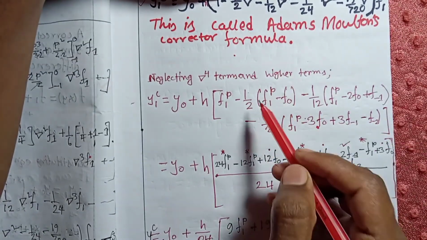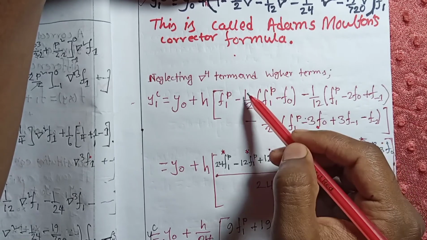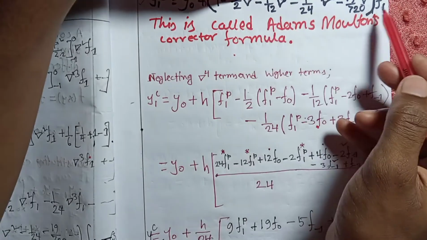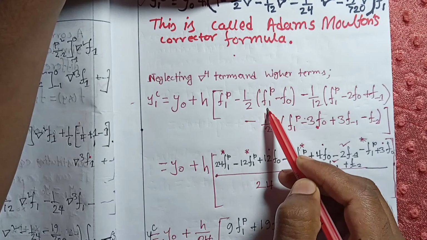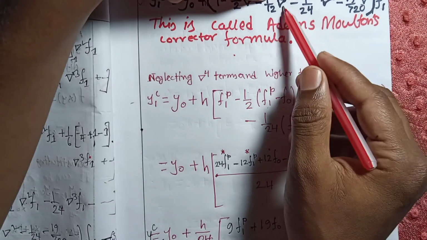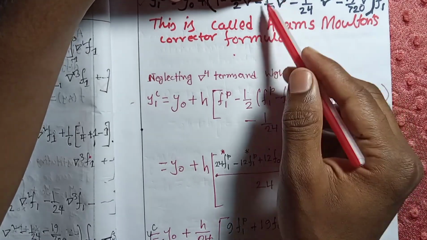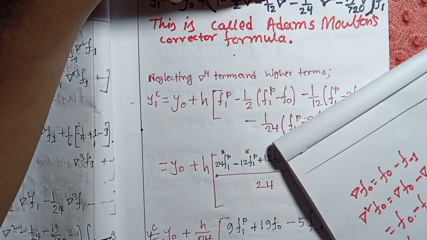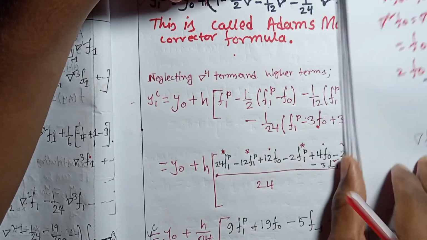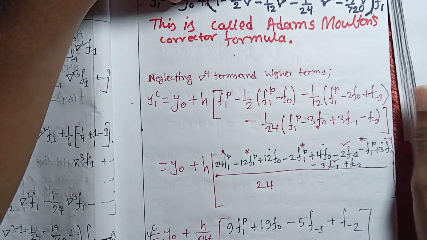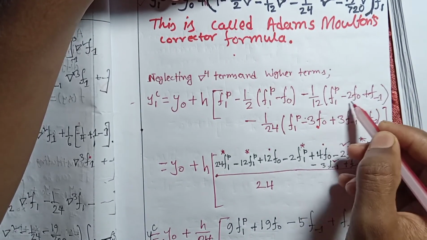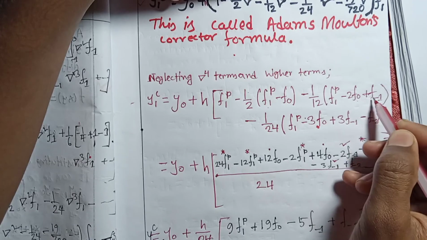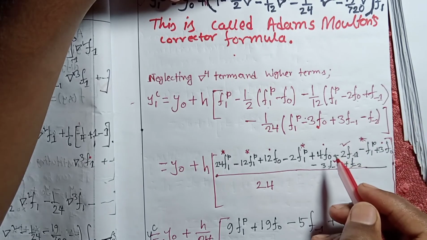We already discussed this: nabla f1 is nothing but f1 minus f0, and nabla squared f1 is f1p minus 2 f0 plus f sub minus 1.